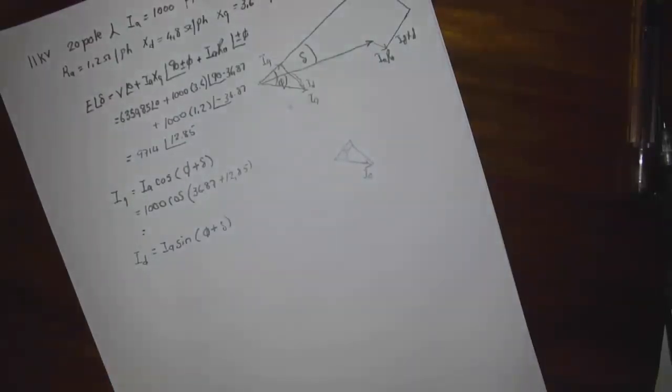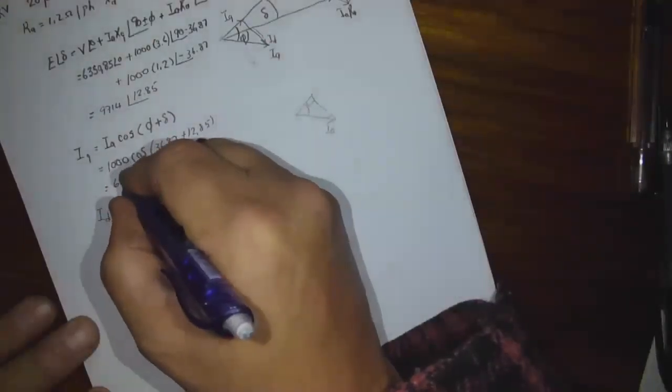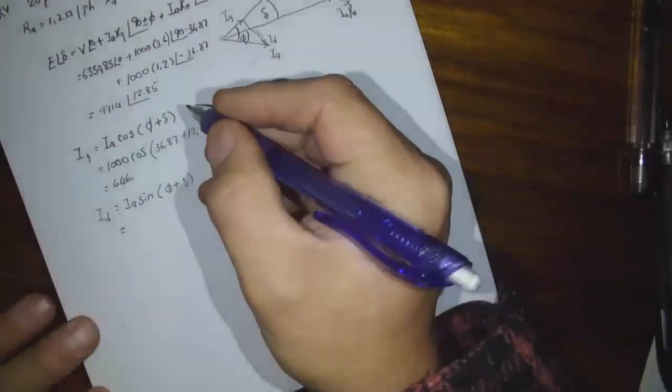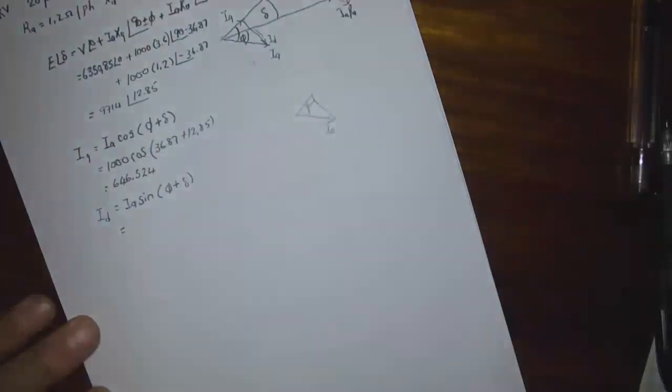All right. So that's 1,000 times cos, IQ is 646,524. Okay. Thank you.